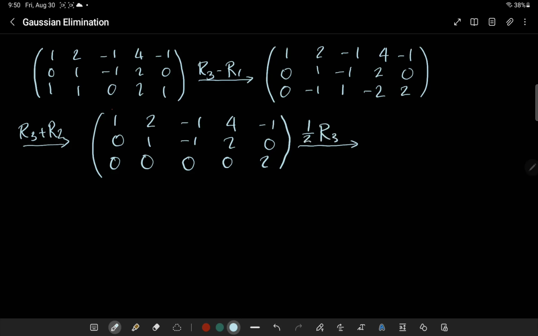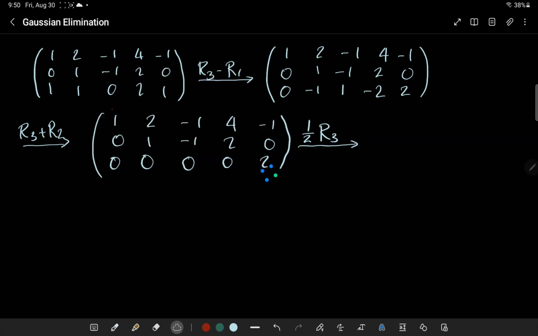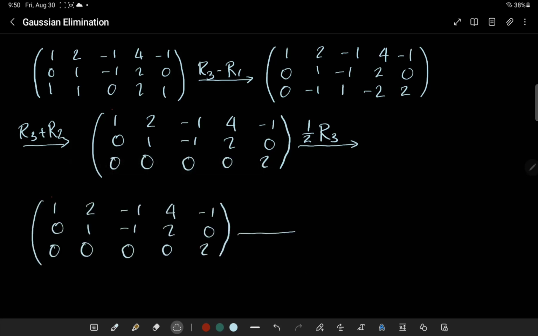So 1/2 of row 3. Maybe we copy the whole thing and just change that 2 for a 1. Well, I'm going to have an extra arrow, I suppose, and I'm going to paste it right here. All right, so let's now erase this one. I want to have a 1 by doing 1/2.